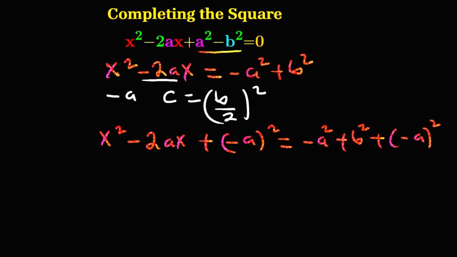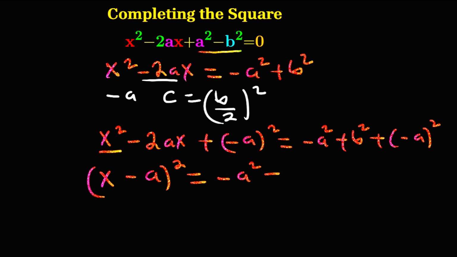So now the next step would be to simplify the right hand side and take the perfect square in the left hand side. So the perfect square is going to be taken by the root of x squared, which is just x, and then we're going to add that to the root of the new c, which is just minus a, and we're going to take the square of that, and then we're going to simplify the right hand side.